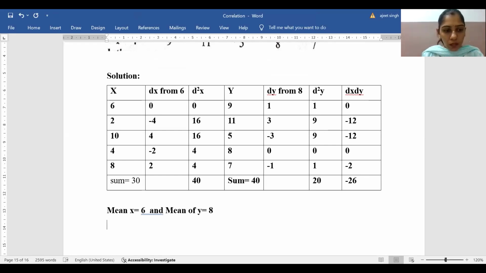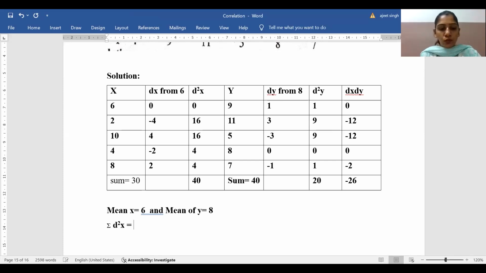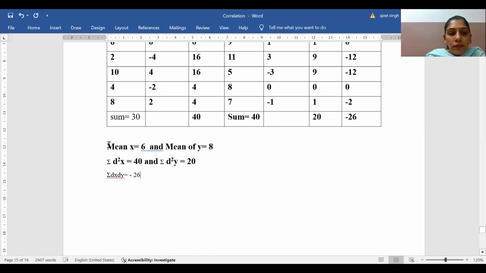Now sum of d square x is equal to 40, sum of d square y is equal to 20, and lastly sum of dx dy is equal to minus 26. So we have all the values.